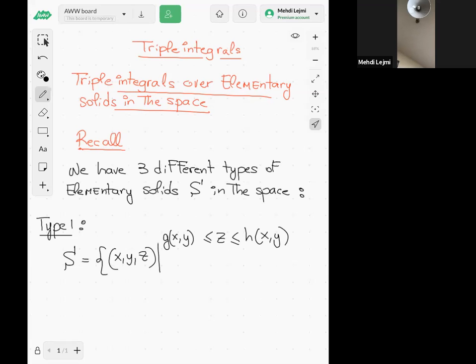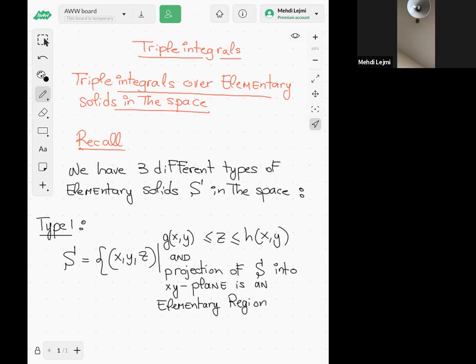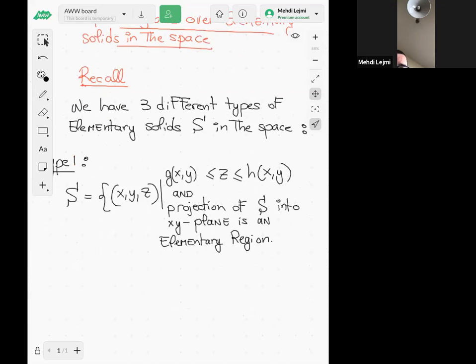So we said the projection of S into the xy plane is an elementary region. What do I mean by elementary region here? We're going to have two different cases.